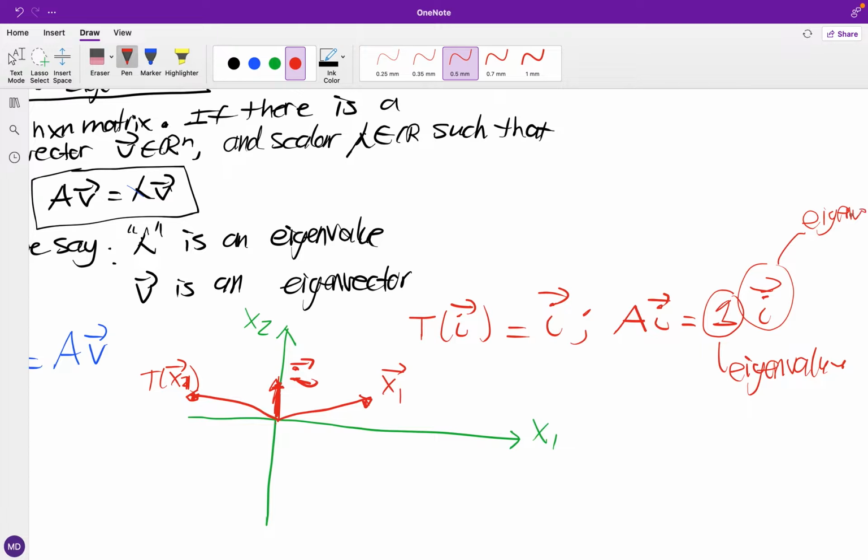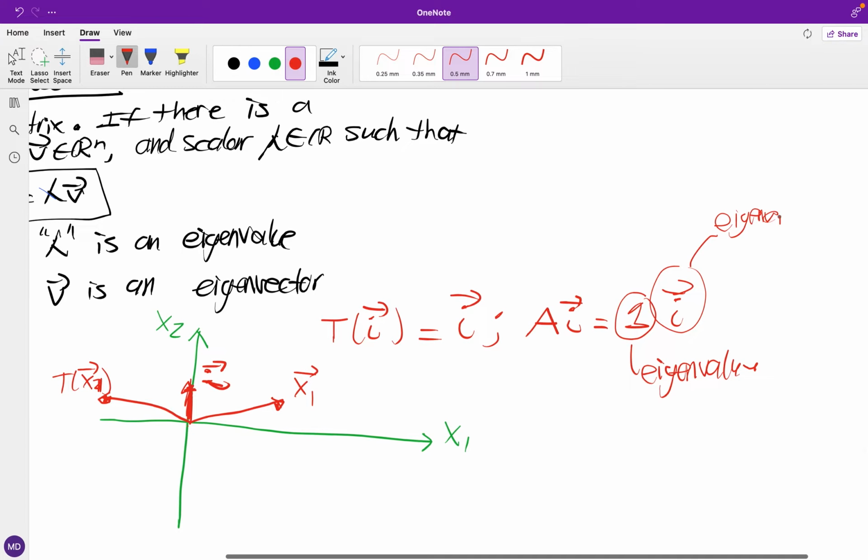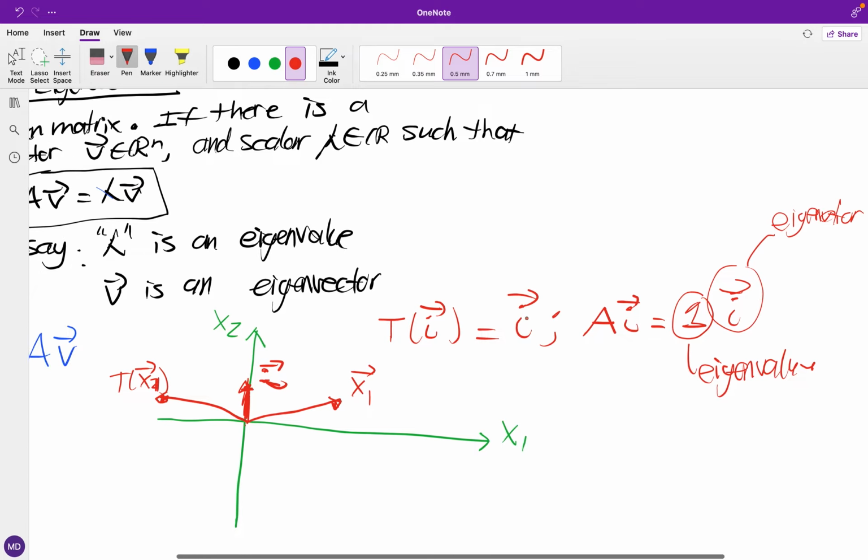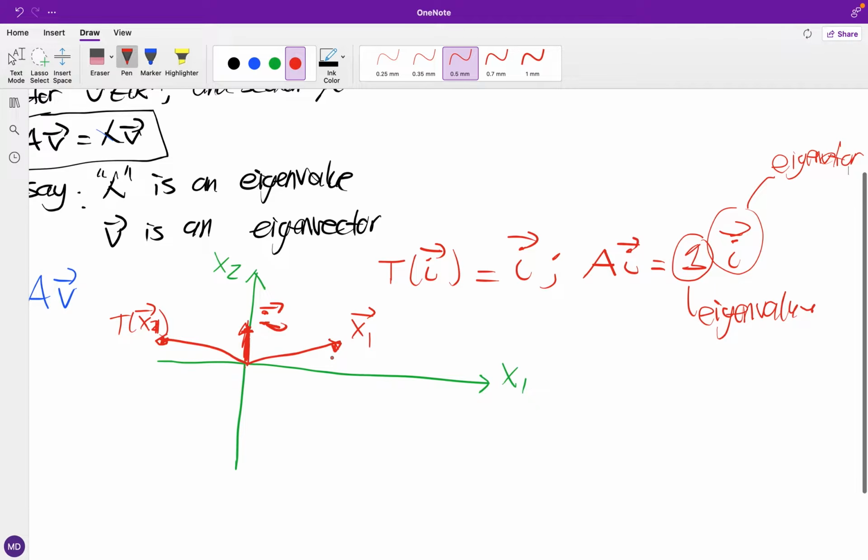So in this case, for a reflection, what we have basically shown is that any vector on the line of reflection is always an eigenvector for that transformation. So by finding eigenvectors and eigenvalues, it allows us to understand basically what the transformation is doing to any other vector. It allows us to understand transformations one direction at a time.